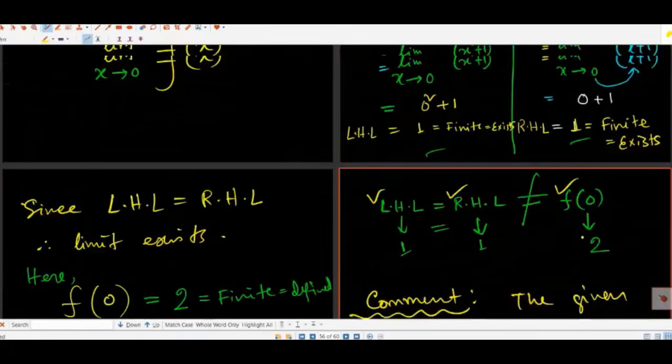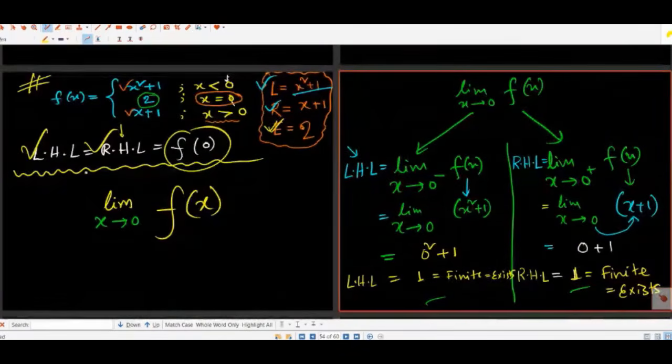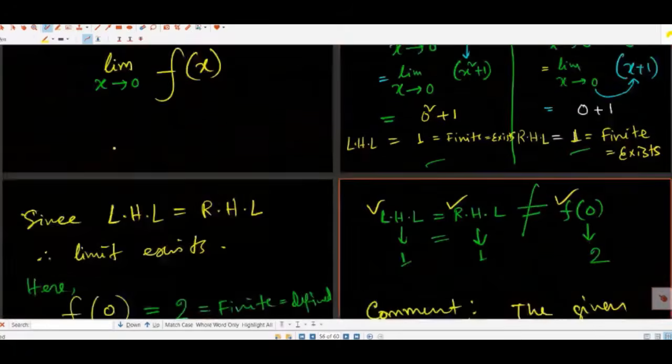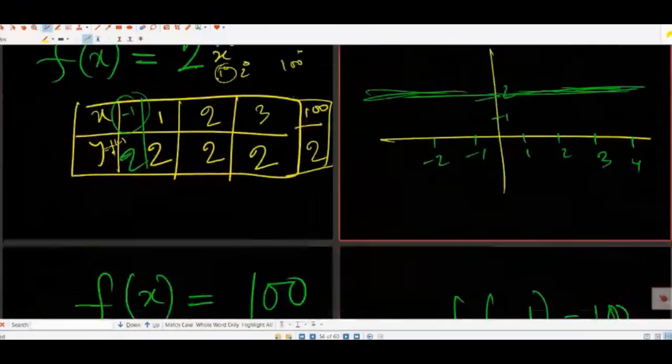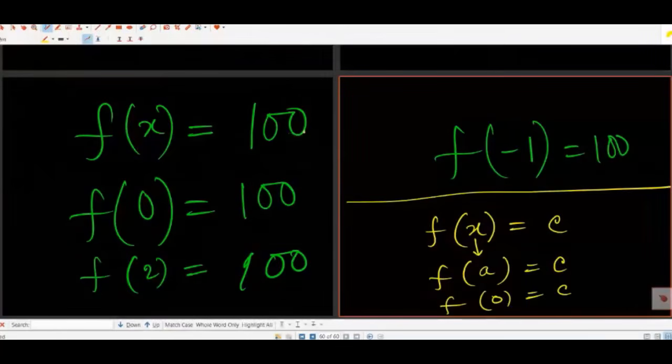That means the limit exists, but the functional value doesn't match it. So the function is not continuous. For a continuous function, all three conditions must be the same. Is it okay? Yes, sir.